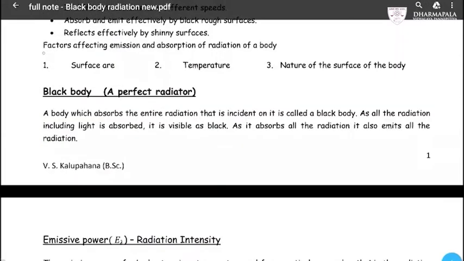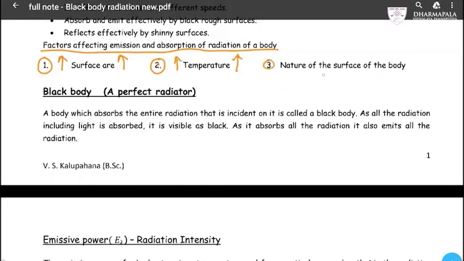Then the factors affecting emission and absorption of radiation by a body. These are the factors. Surface area: with the increase in surface area, the object can absorb or emit more radiation. The second one is temperature: with the increase in temperature, the emission of radiation by the object also increases.